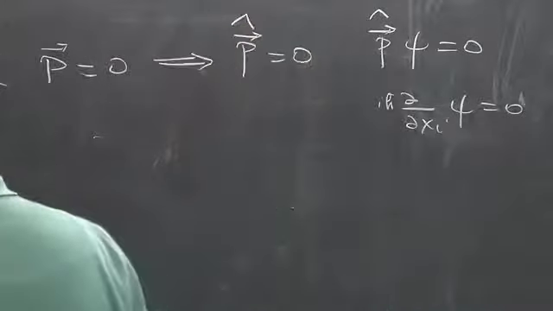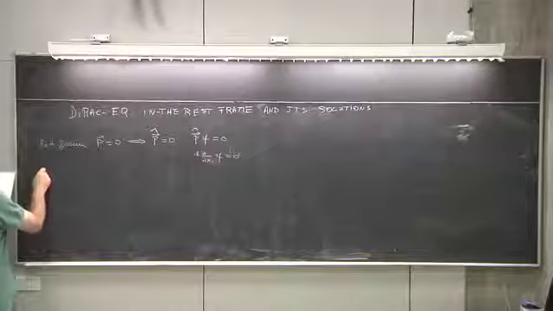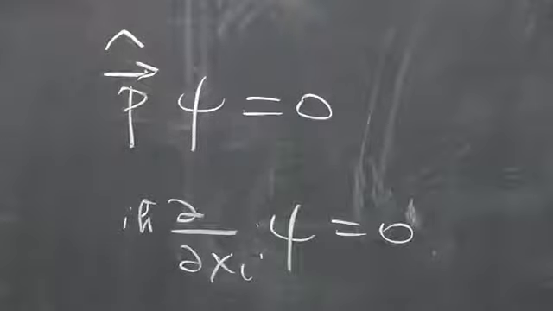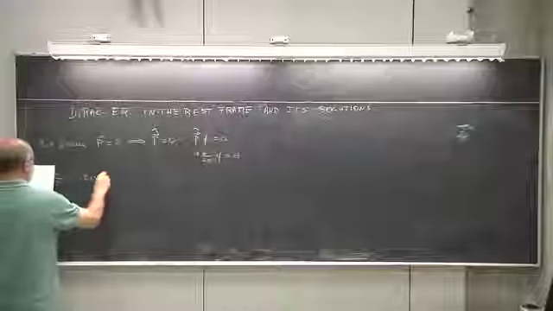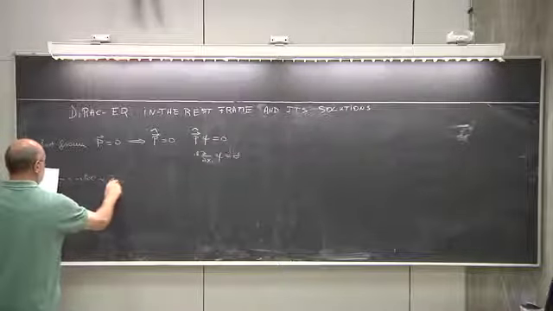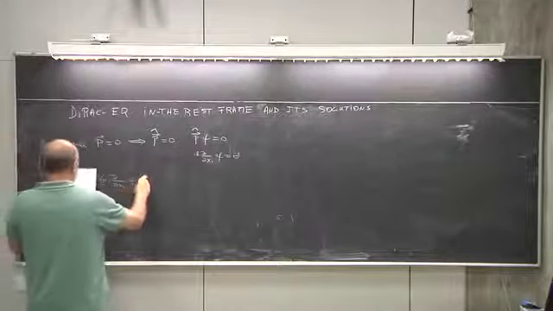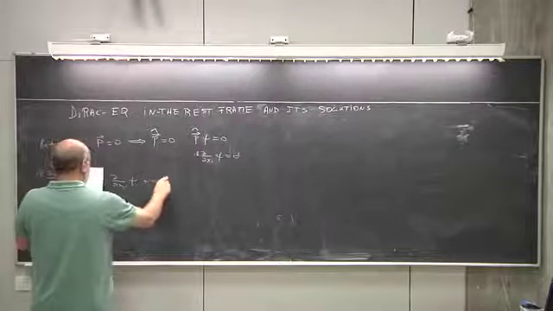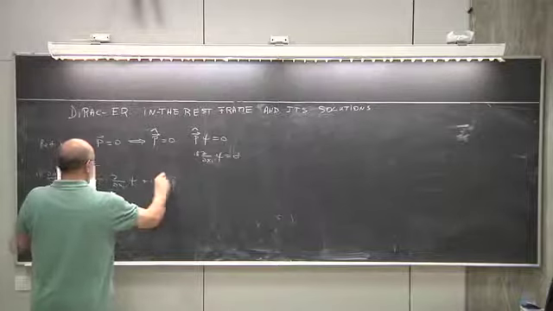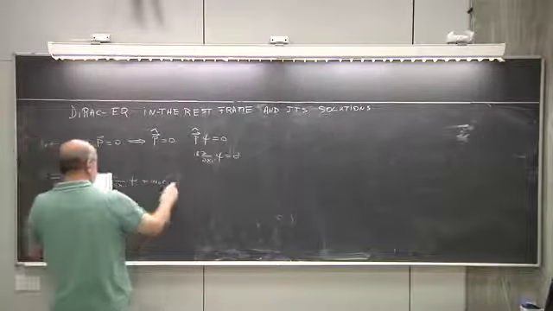Okay, so let's start with the Dirac equation: iħ dψ/dt equals minus iħc sum over i of alpha_i d/dx_i ψ, plus m0 c squared beta ψ. These are the alpha and beta matrices.